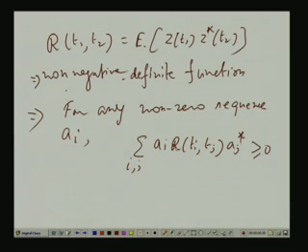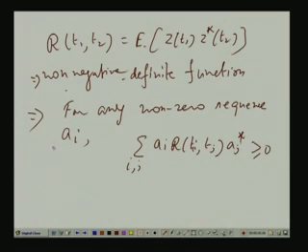What does it mean? You have been given the function R(T1, T2), and you are picking up arbitrary i and j and forming a sequence in the form of A_i.